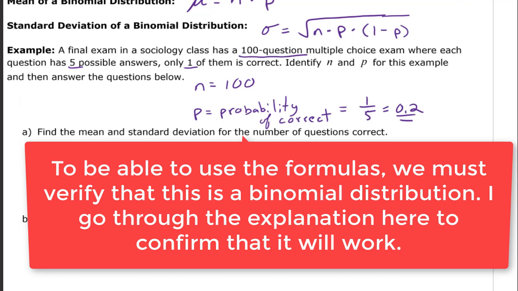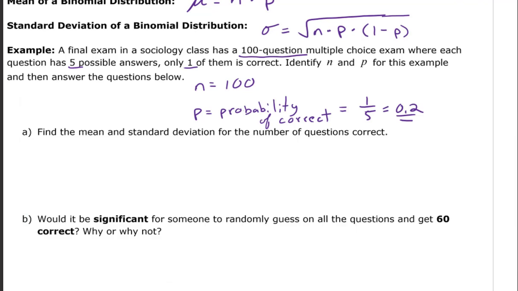So this is binomial. So we're going to use the formula for the mean, because I don't want to have to generate a table with 100 values in my list 1. The mean is n times p, which is 100 times 0.2, which is just 20 questions right.